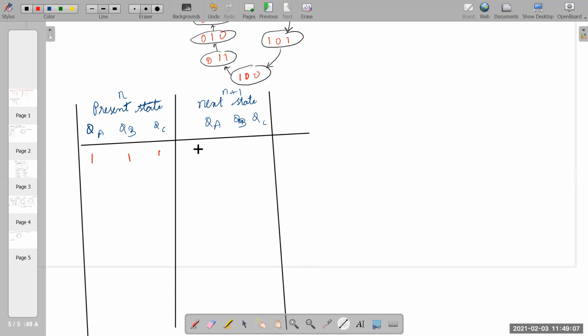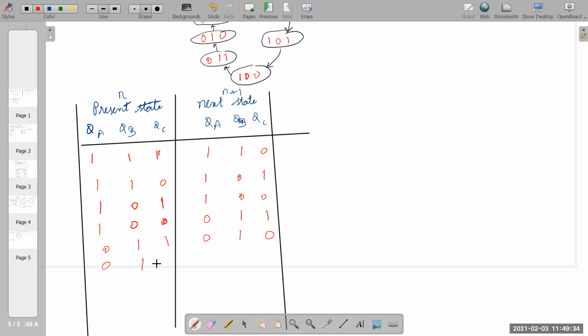So for 7, the next state is 6. What is 6? 1, 1, 0. If the present state is 6, the next state is 5. If the present state is 5, the next state is 4. If the present state is 4, the next state is 3. If the present state is 3, the next state is 2.